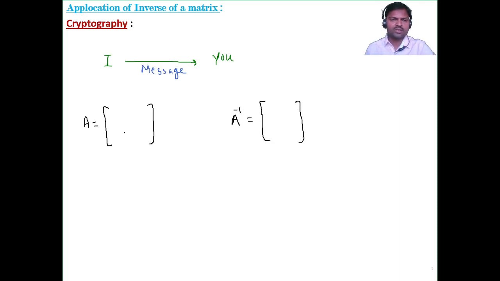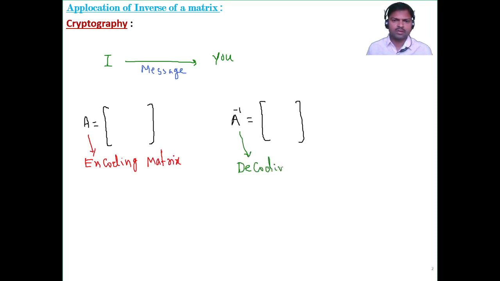This matrix is called my encoding matrix, and its inverse is called the decoding matrix. By the help of these two matrices, I will maintain the privacy.